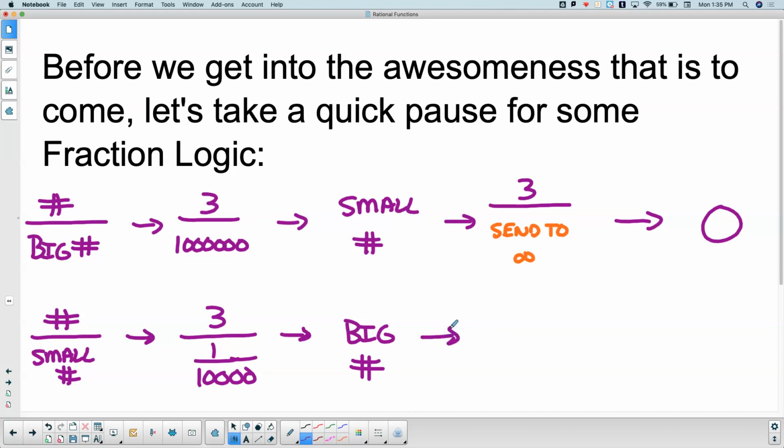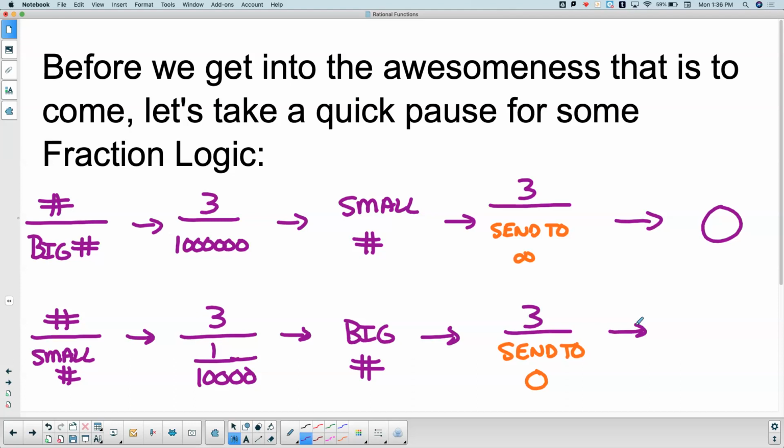So if I sent this now to 0, so that number gets smaller and smaller and smaller, what's going to happen to the value of my fraction? 3 divided by 1 is 3.